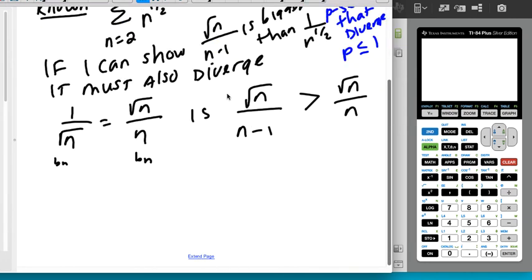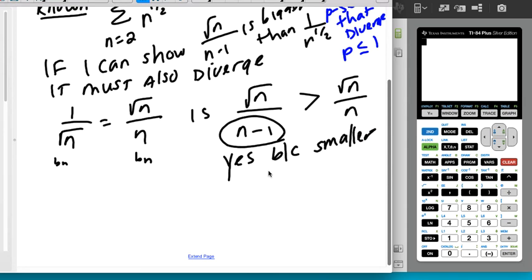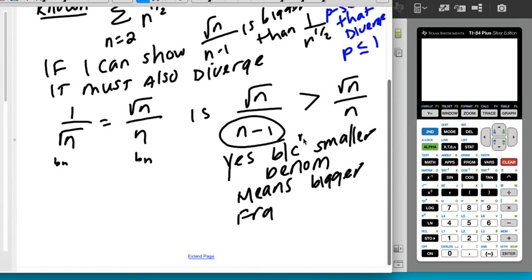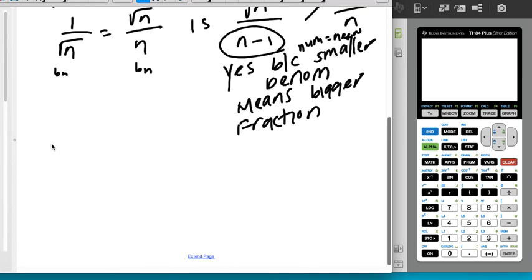And the answer is yes, because n minus 1 would be a smaller denominator, and a smaller denominator means a bigger fraction. The numerators are equal, same numerator, so a smaller denominator means a bigger fraction.